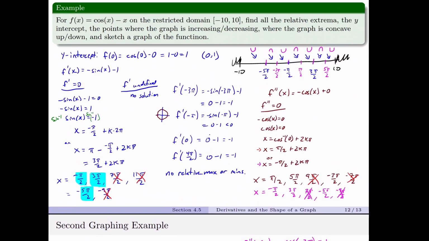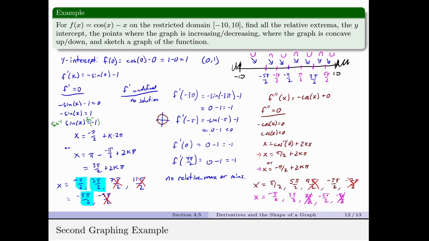Did the question ask us for inflection points? It did not, but we have a bunch, right? Every one of these values in the second derivative ended up being an inflection point because concavity changed.